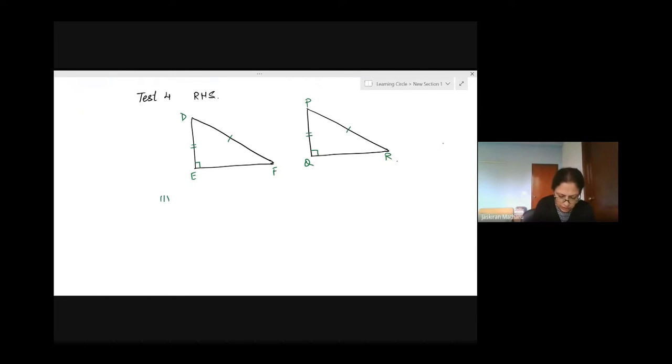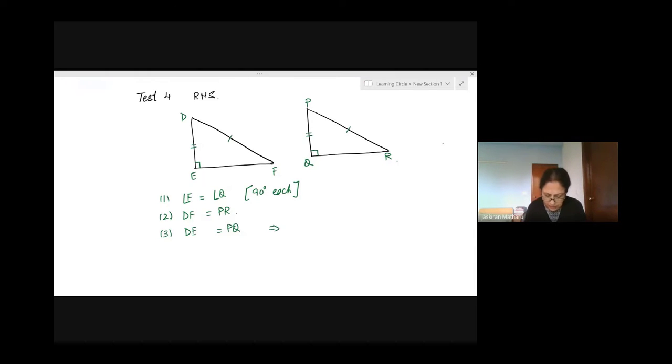So first condition is that angle E is equal to angle Q, 90 degrees each. Second condition is hypotenuse, that is DF is equal to PR. And third condition is that side DE is equal to PQ.